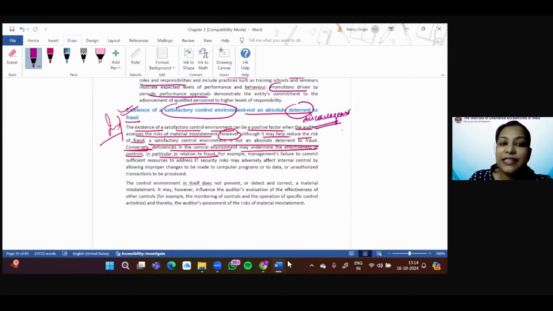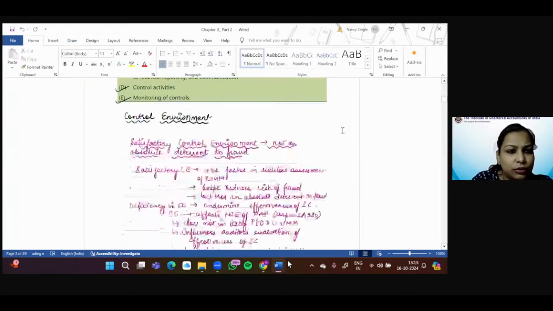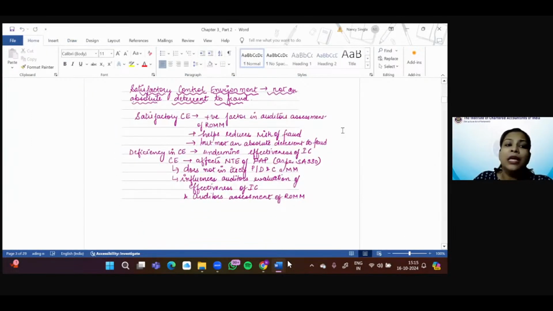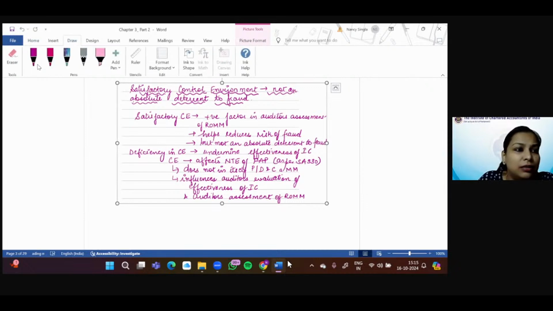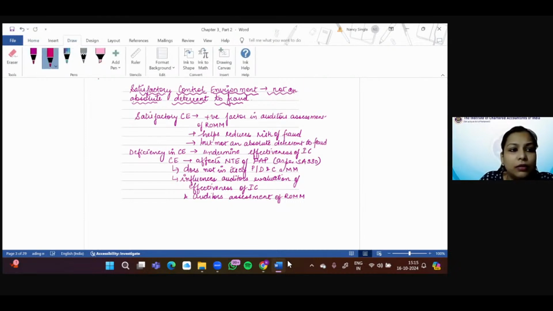So let us read this. The existence of a satisfactory control environment. Just a minute, let me take you through the notes. See, the existence of a satisfactory control environment is a positive factor in the auditor's assessment of risk of material misstatement. It helps to reduce the risk of fraud, right?